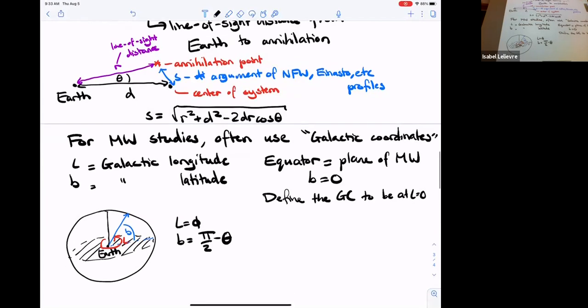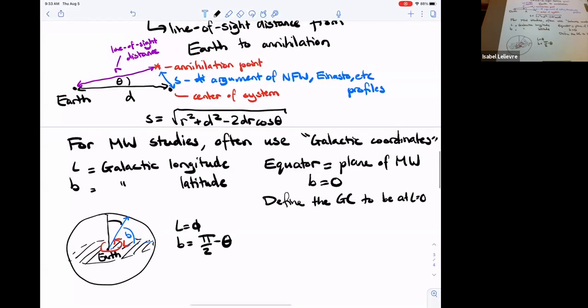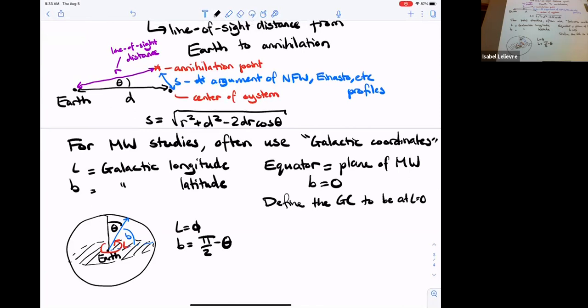And if you're doing so in these cases, it's often helpful to realize that by theta, I mean the angle from the pole, not the angle between the annihilation point and the center of the galaxy.